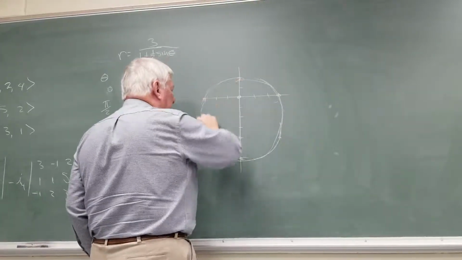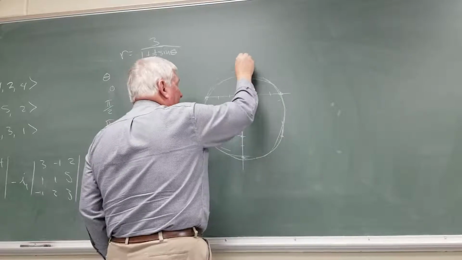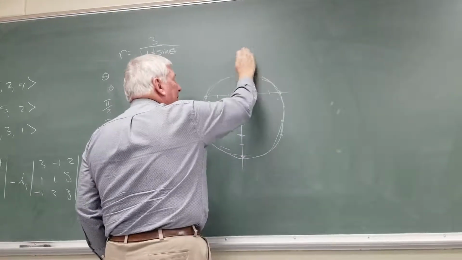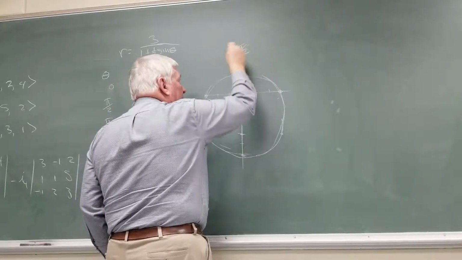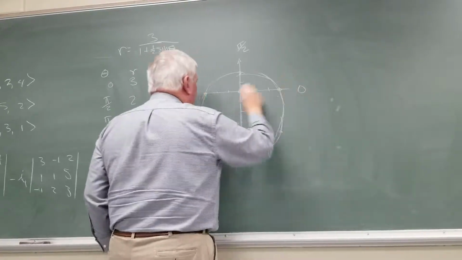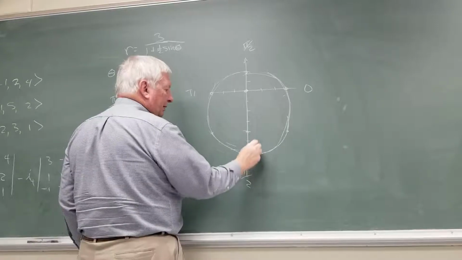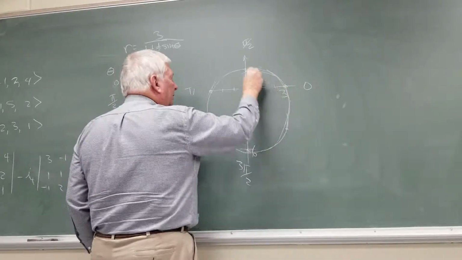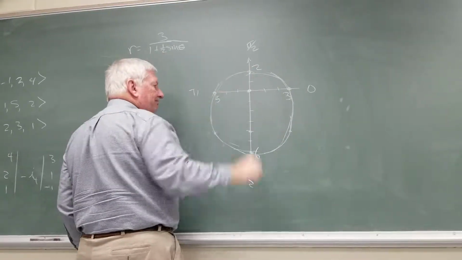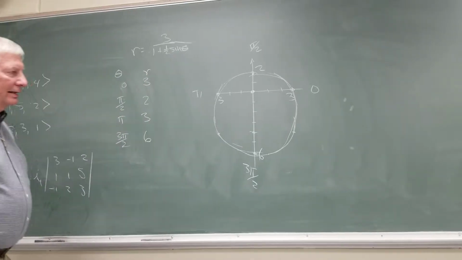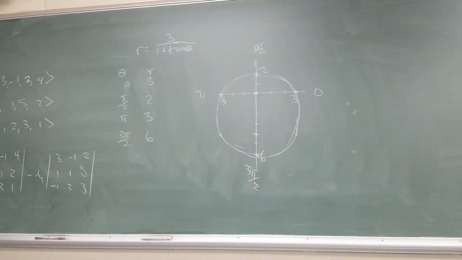And we get an ellipse which is slightly elongated in the y direction. So this is pi over 2 direction, 0 direction, pi direction, 3 pi over 2. That was 6, this is 3, that was 2, this is 3. Okay. And that's our sketch of the ellipse.